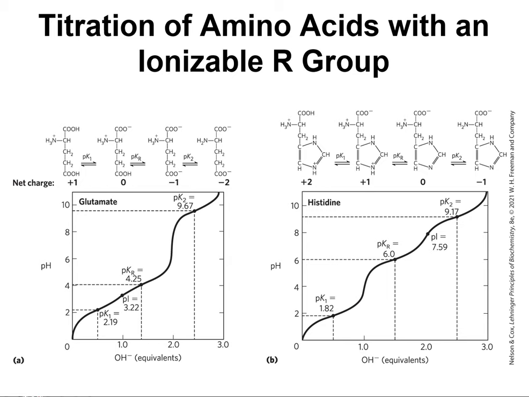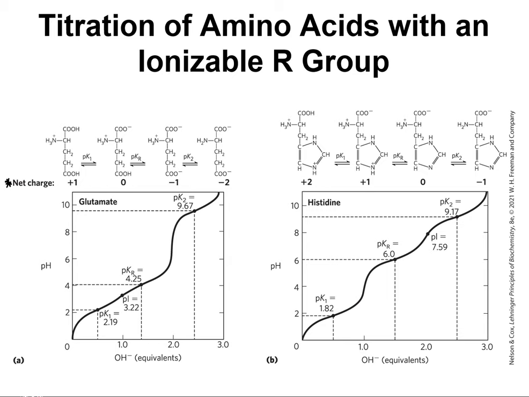So in your book, you'll see pKr. I may use pK1, 2, and 3, but understand it's the same thing. Looking at these structures and being able to tell the net charge is going to be key, because that will tell you whether or not you're looking at one of the pKa's or if you're looking at the pI.